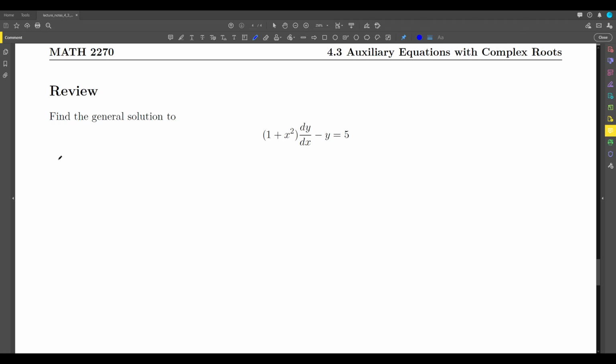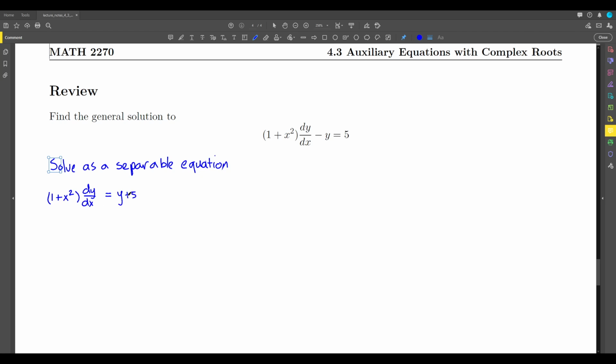So if we solve it as a separable equation, let's write that down. Solve as a separable equation. What we get is that we can rewrite the equation as (1 + x²) dy/dx = y + 5.